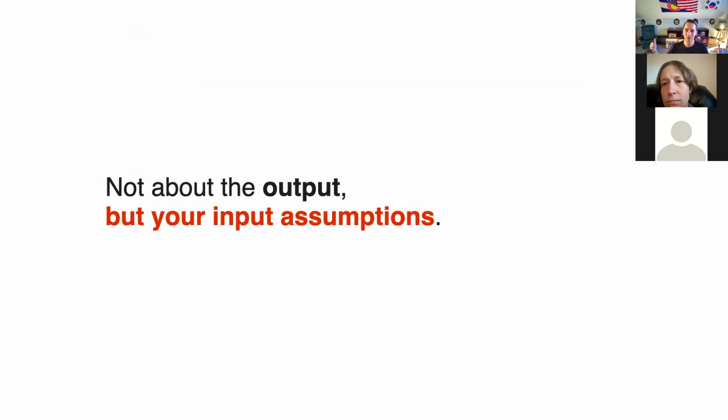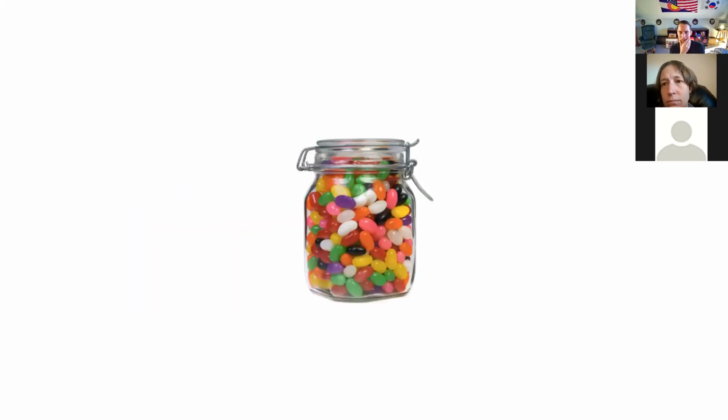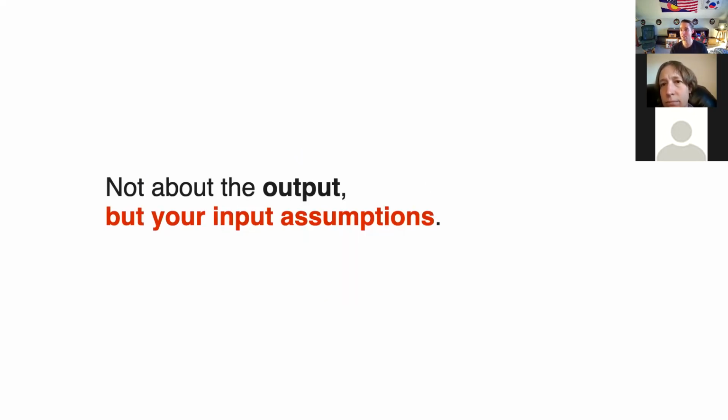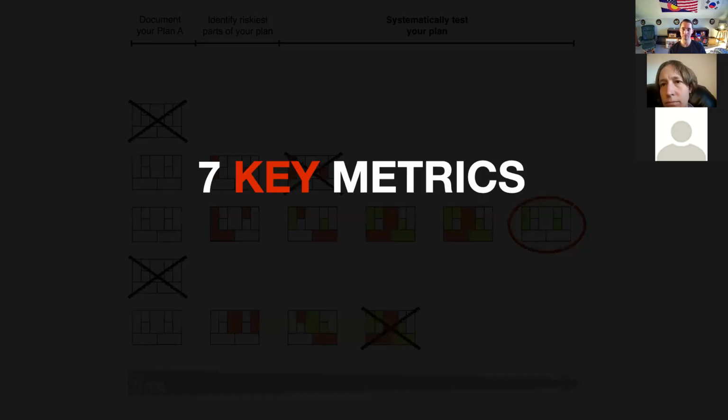It's about the assumptions you're putting into it. So you look at it, you say, well, I guess there's 1, 2, 3, 4, 5, 6, 7, 8. I guess maybe I can see 9 across, and maybe there's 10, so maybe it's about 150, right? So it's about the input assumptions that you're making. And we're going to use something similar in what we're about to do.